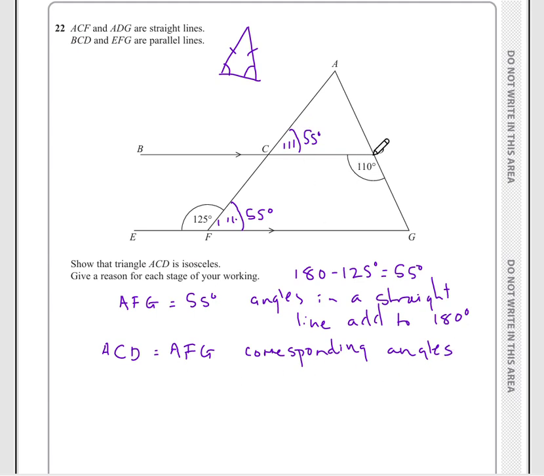So I know this angle here. I'm going to move over to this angle here. I know that angles in a straight line equal 180, so 180 take away 110 is going to give me 70 degrees. So ADC equals 70 degrees, and again, that's angles in a straight line.